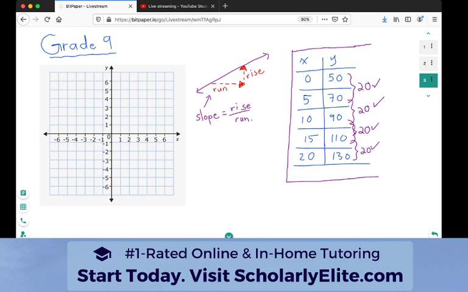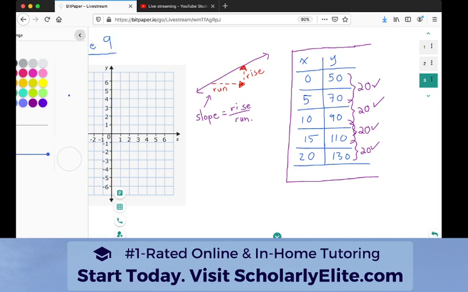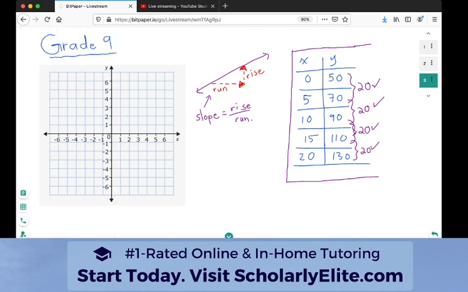And there's a very particular way to determine this, but what we're going to do as well is just go over straight lines in general, and then we're going to talk about the slope formula, okay? So there are three major methods that we use to indicate what a line is going to look like, okay?